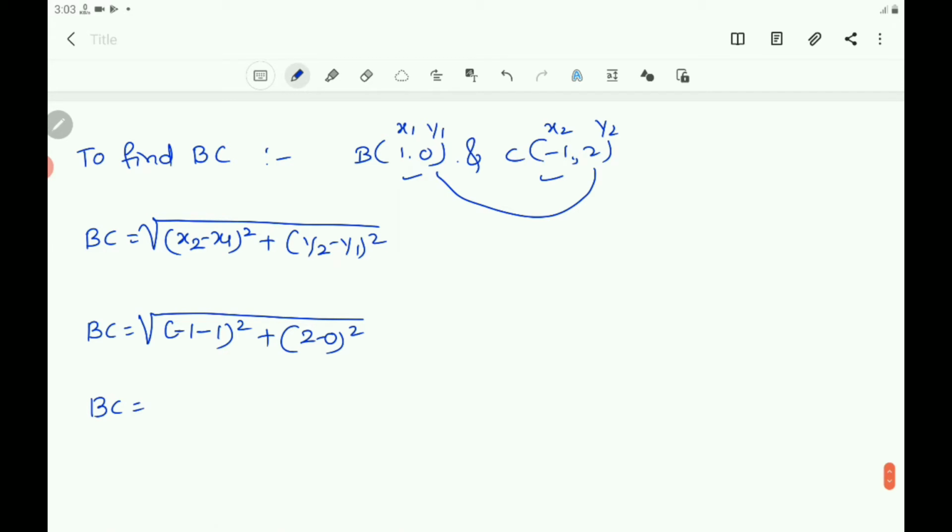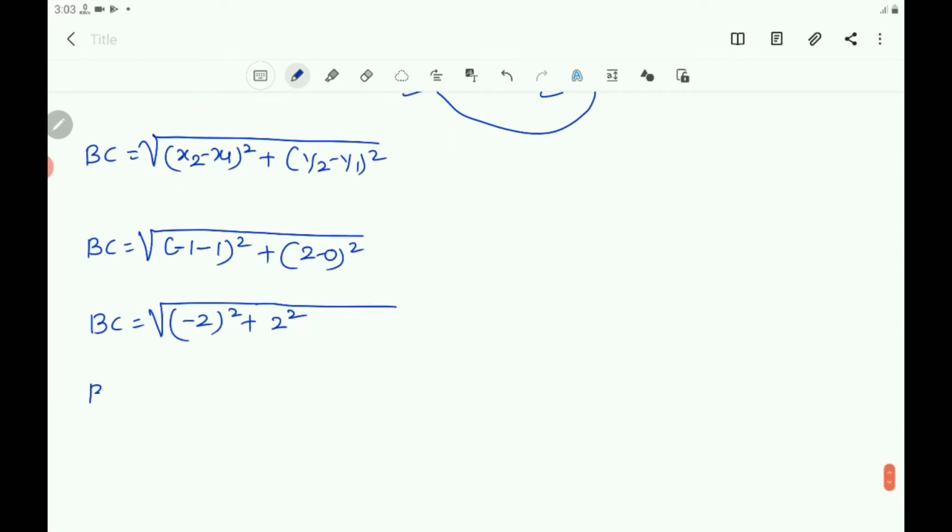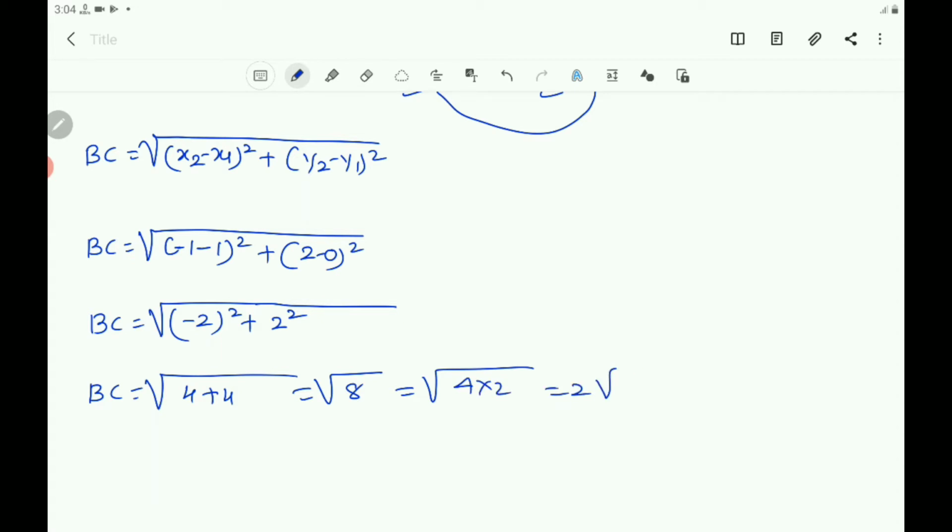Then BC equals square root of, sum of minus 1 and minus 1 is minus 2, that is minus 2 whole square plus 2 minus 0, 2 square you got. Then BC equals square root of 4 plus 4. Again you got root 8 which is equal to square root of 4 into 2, then it is 2 root 2. So you take this as second.